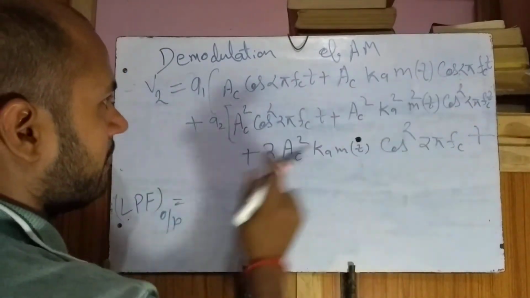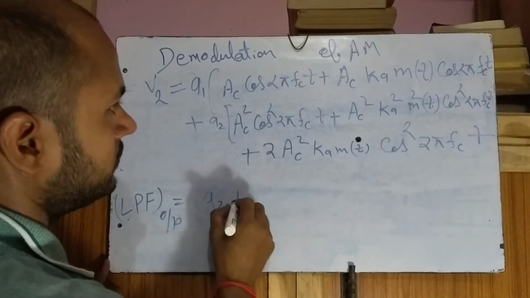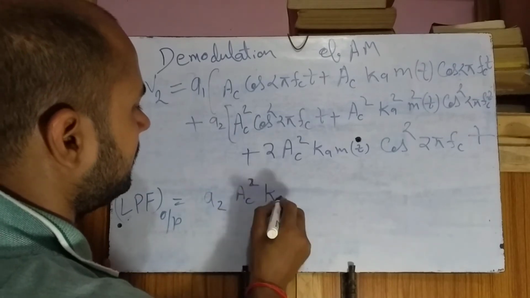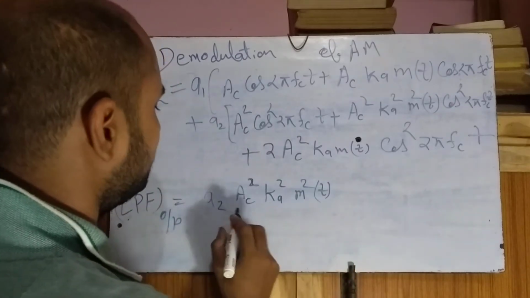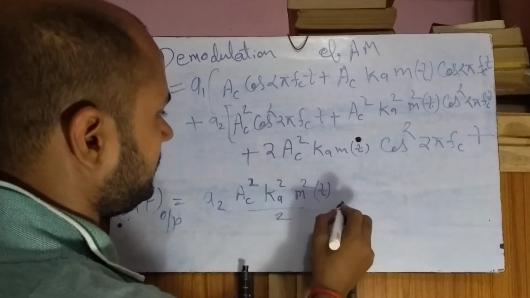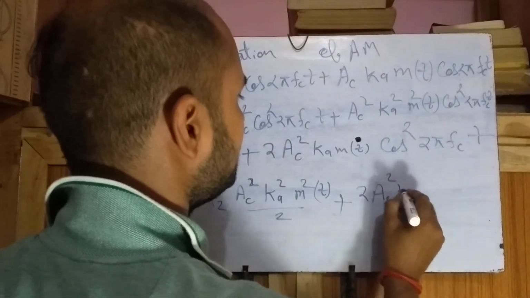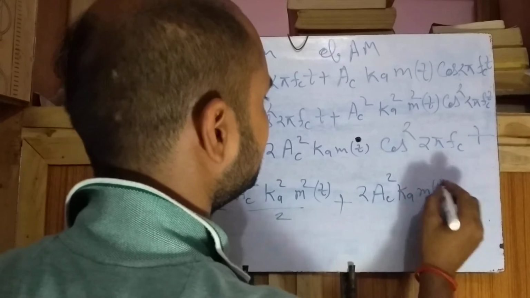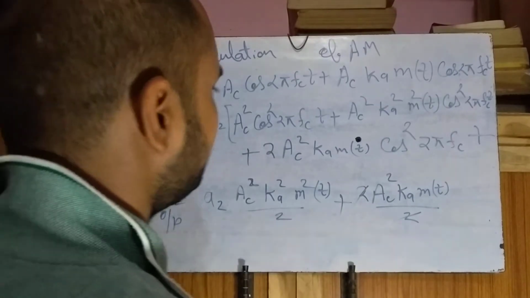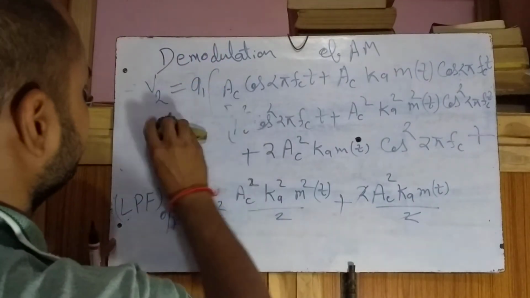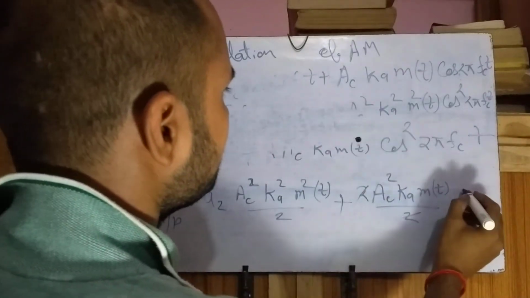So two terms will pass. One is A2 into Ac square Ka square m square t by 2, plus 2 Ac square Ka m(t) by 2. The 2 will cancel. A2 is also multiplied to this.